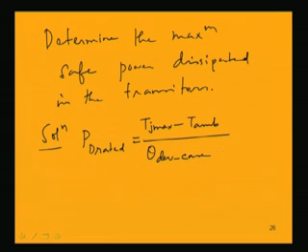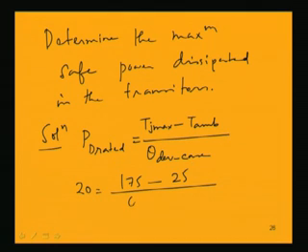So, PD rated is given as 20 watts and that is equal to Tj max is given as 175, T ambient is 25, theta device to case is not given, we have to find out theta device to case.